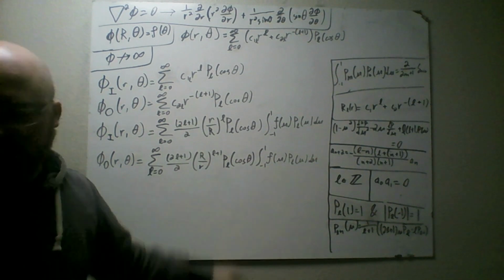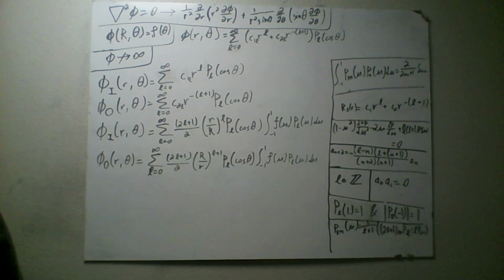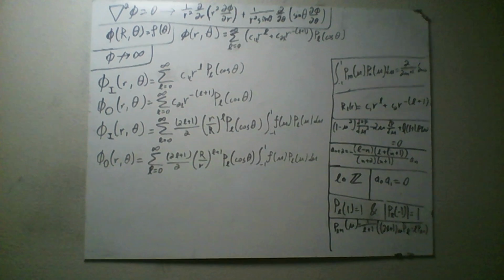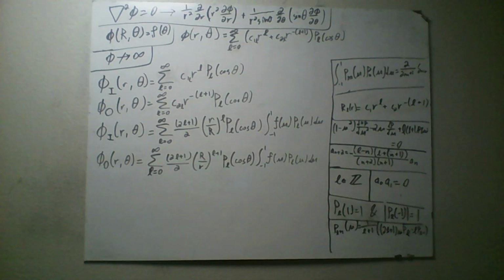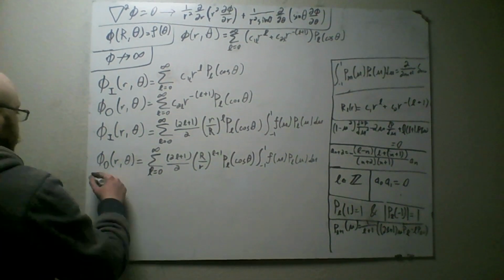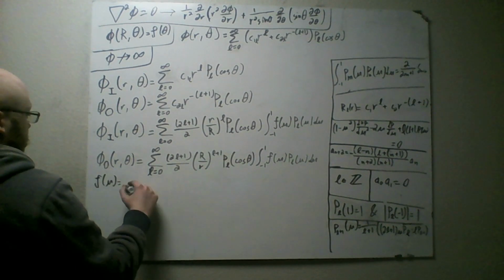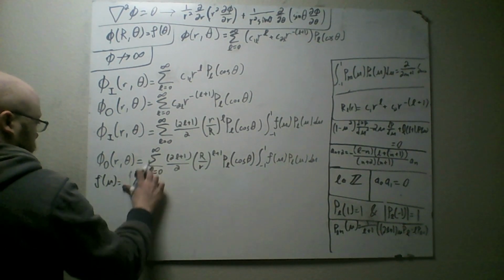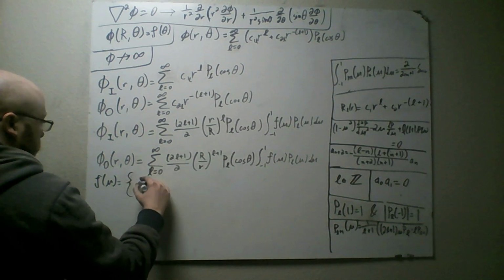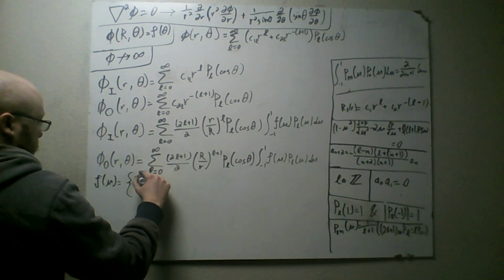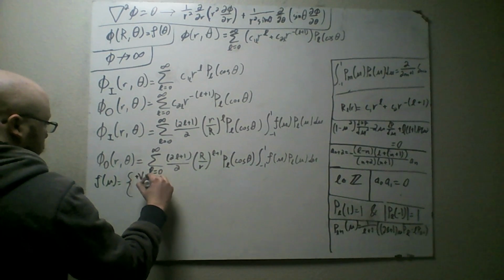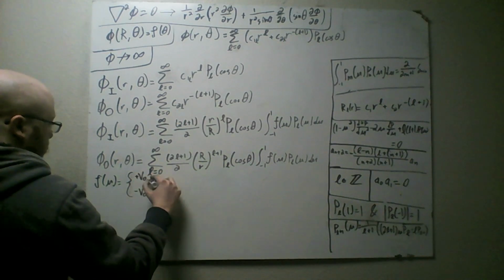And if you want to do an example, let's see. I think we tried something like this. f(mu) equals plus V naught, minus V naught.